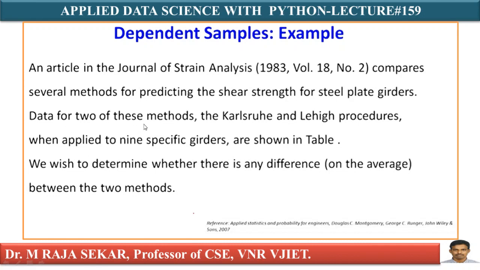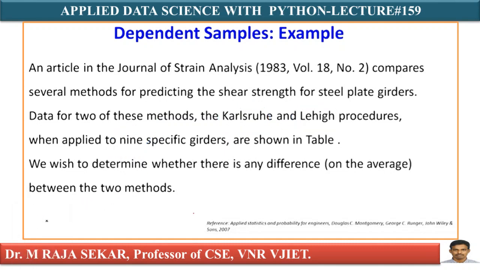Data for two of these methods, the Carlucci method and the Lehigh procedure, when applied to 9 specific girders, are shown in the table. The sample size is 9, and you must remember this point, it is important. We wish to determine whether there is any difference between the two methods. The first method is the Carlucci method and the second is the Lehigh method. We want to test whether there is any difference.